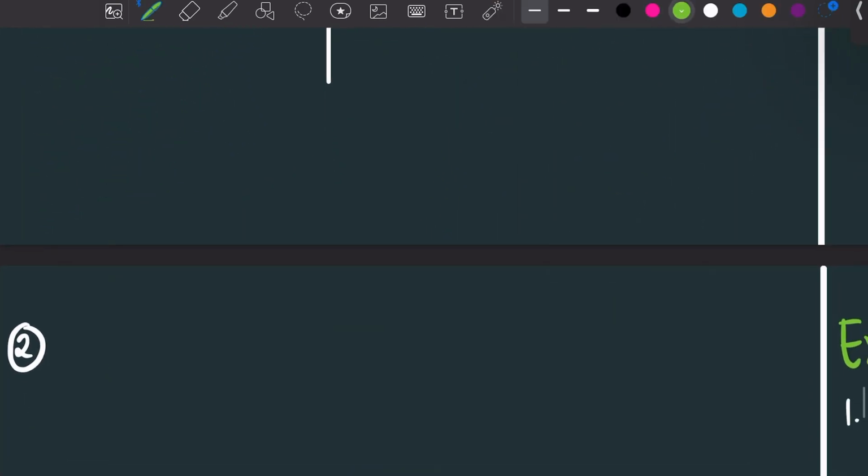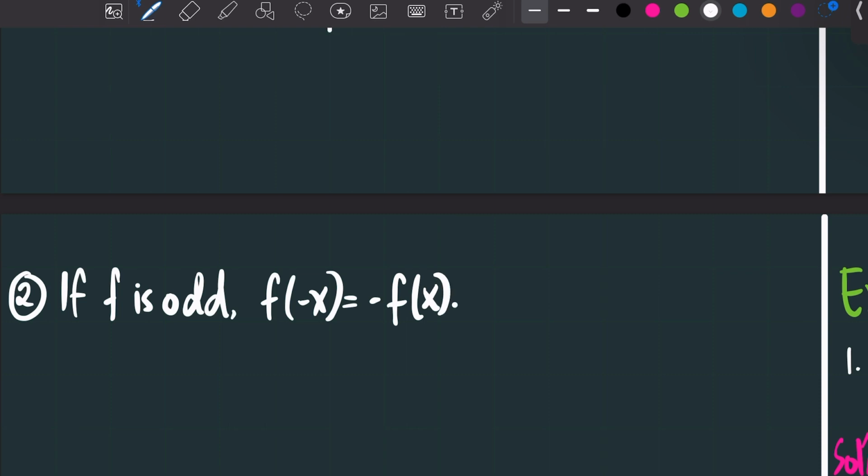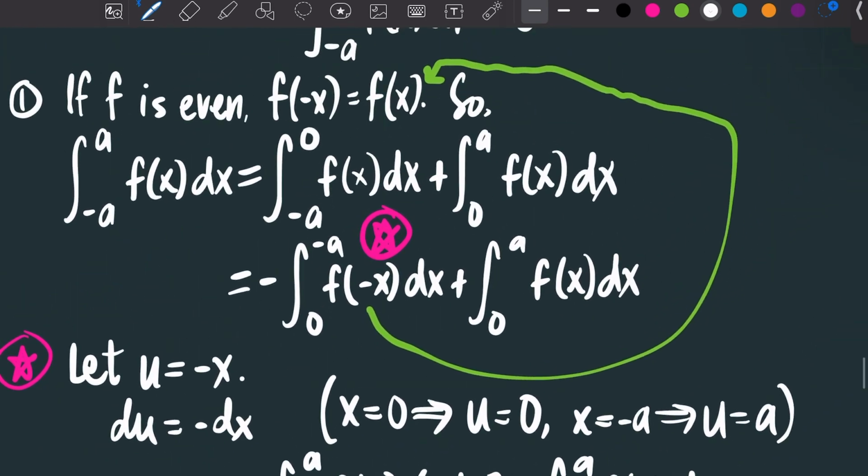For the second part, ang meron tayo dun is yung case kapag yung function is odd. So, if f is odd, ano nga ulit siya by definition? If f is odd, f of negative x equals negative of f of x. So, yung integral from negative a to a of f of x dx, ulitin lang natin yung first part ng argument here.